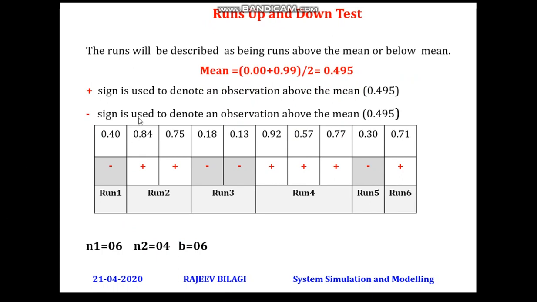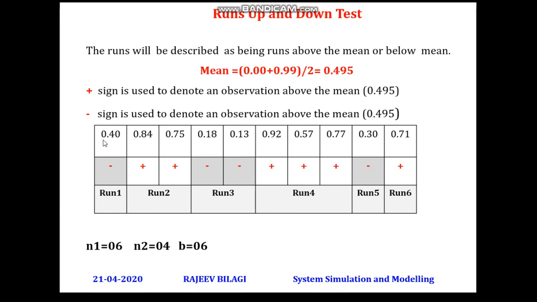Now if you look at the standard value 0.495, how are you going to represent this by runs above the mean and below the mean, and how are you going to represent it with plus and minus? It is very simple.